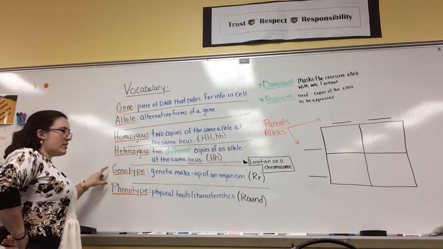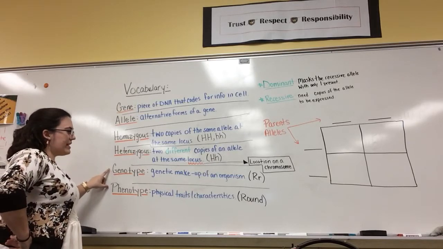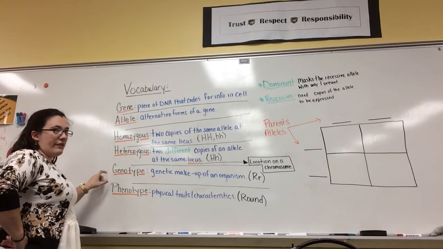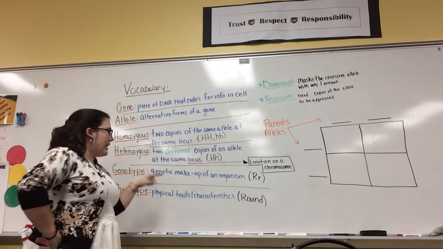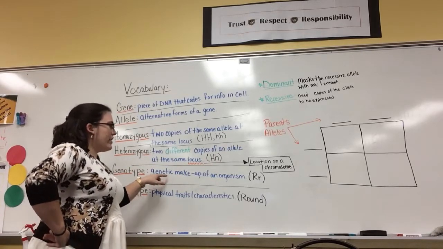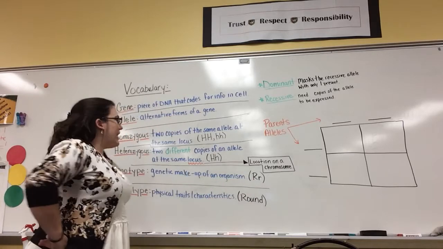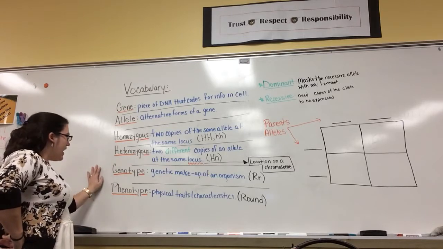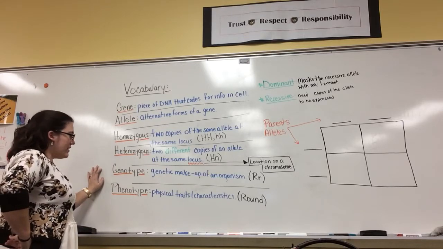And these two things are sometimes confused, but you need to make sure that you can make the distinction between these as well. You have a genotype and a phenotype. So the genotype is the genetic makeup of an organism. So those are the actual letters that we represent when we do a Punnett square. And the genotypes can be homozygous, heterozygous, and it represents what the actual genetic makeup of that organism is.